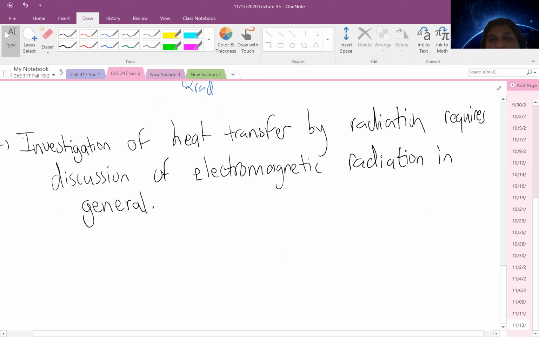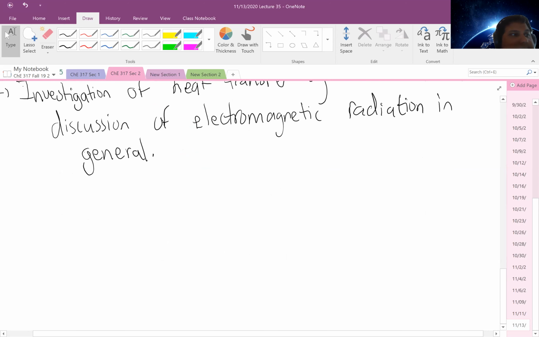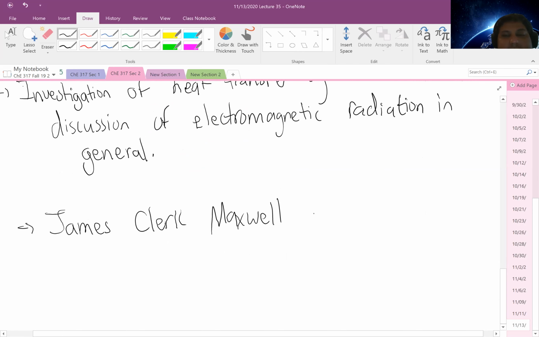And so our understanding of what we know as radiation heat transfer started with a man known as James Clerk Maxwell in 1864.